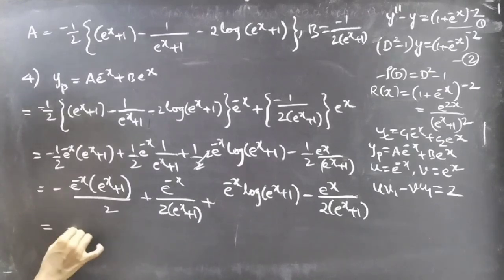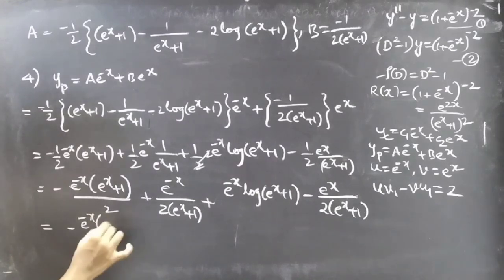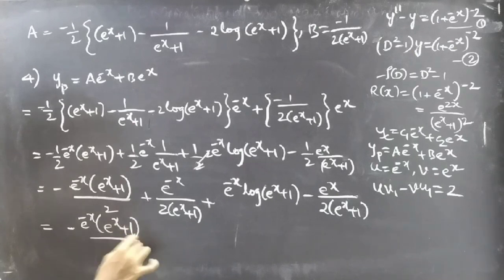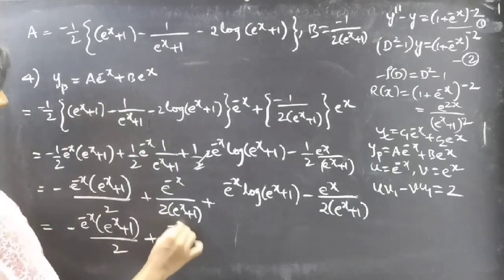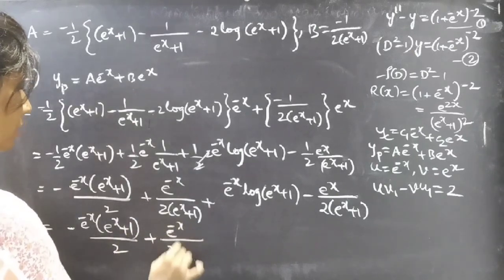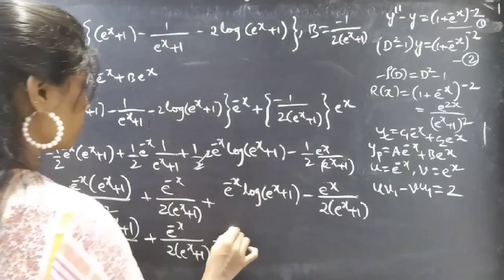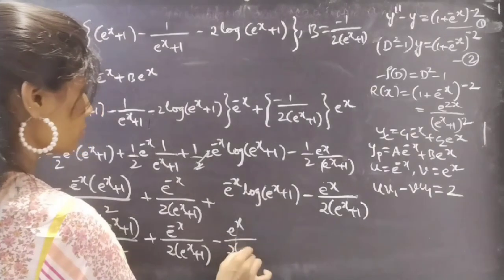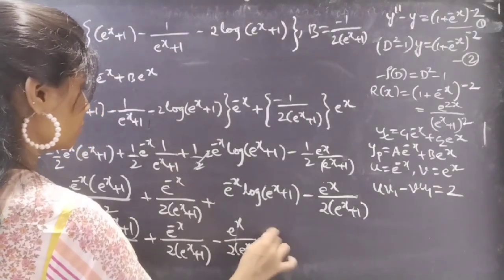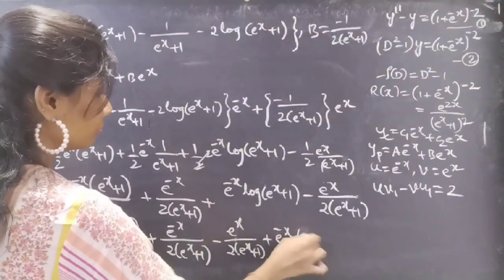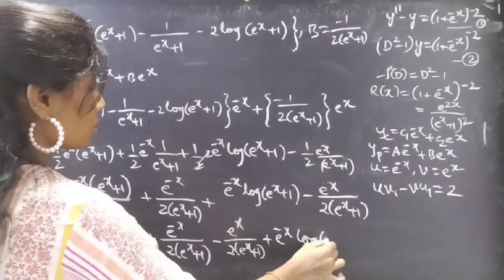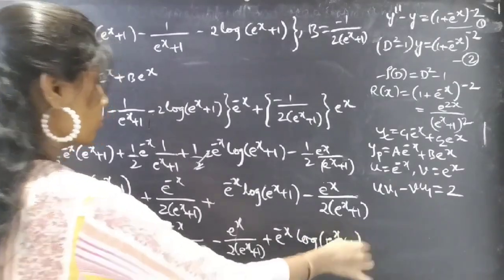This is equals to minus e power minus x of e power x plus 1 minus 2 plus e power minus x by 2 times e power x plus 1 minus, I'll write the last term here, e power x by 2 times e power x plus 1. Now write the term involving log e power minus x log of e power x plus 1.